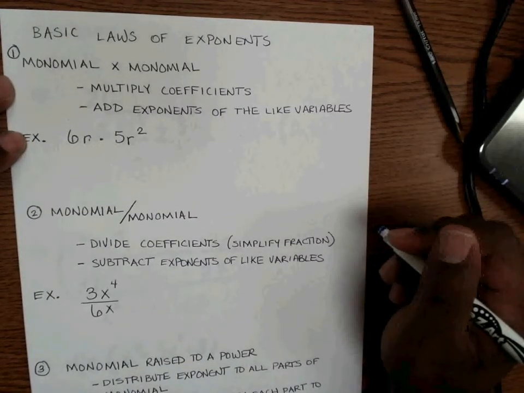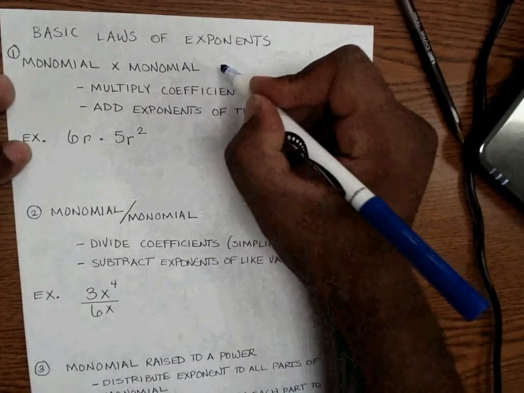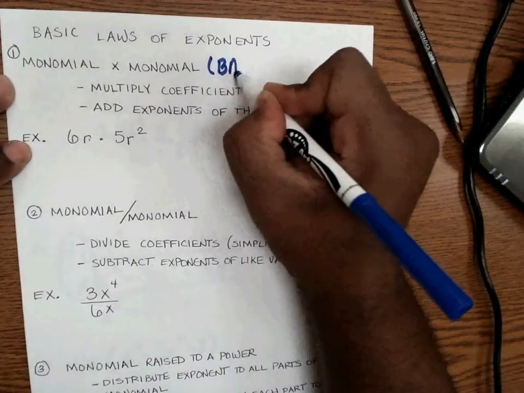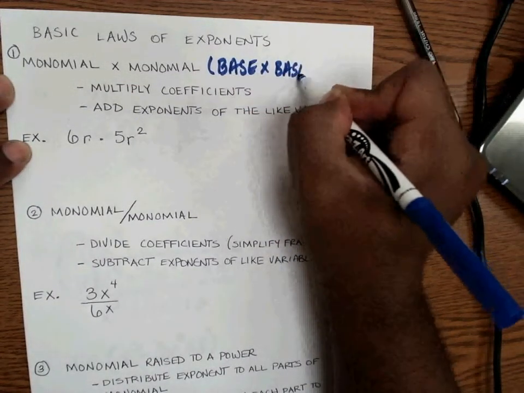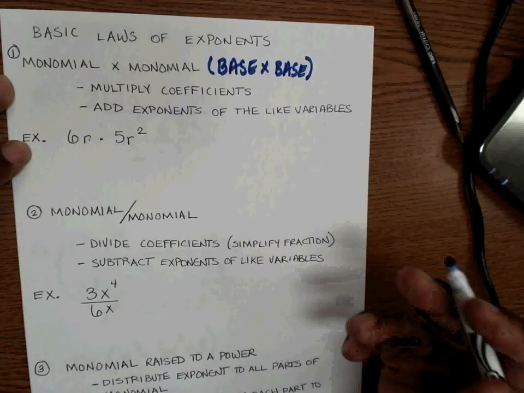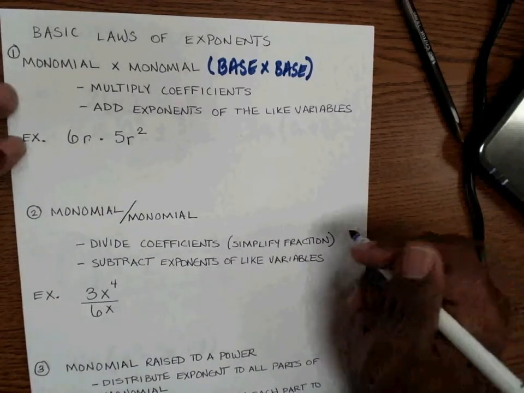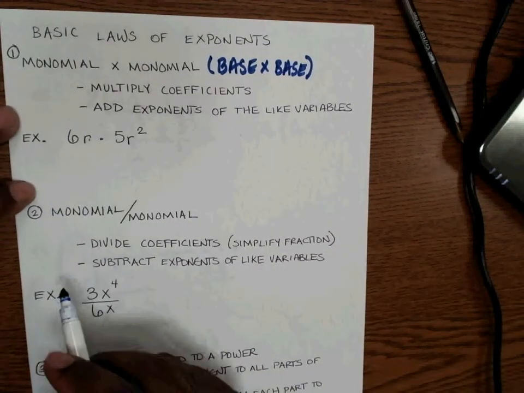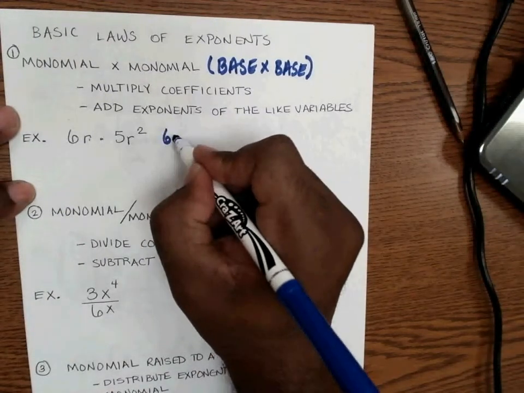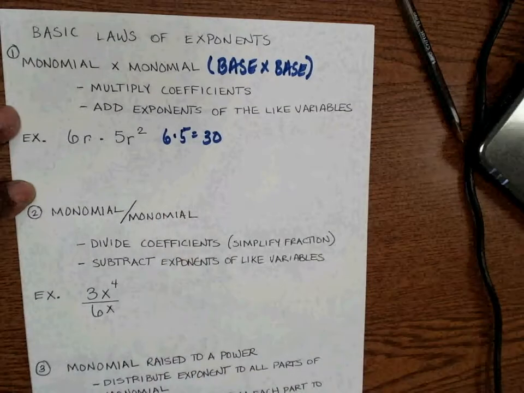The first law is a monomial times a monomial. We sometimes say in class that this is a base times a base. What you do in this case is you multiply the coefficients, as you see, and you add the exponents of the like variables. So in our example, we would multiply 6 times 5, which equals 30.